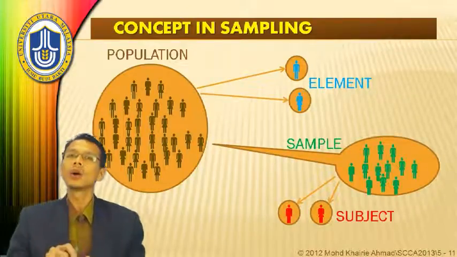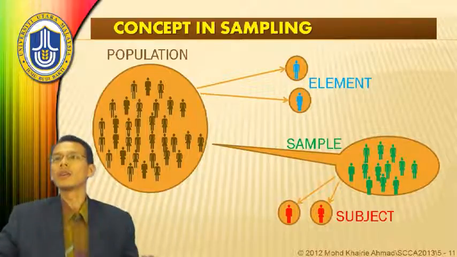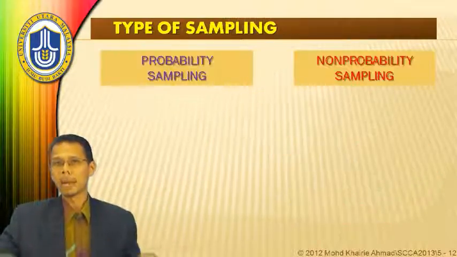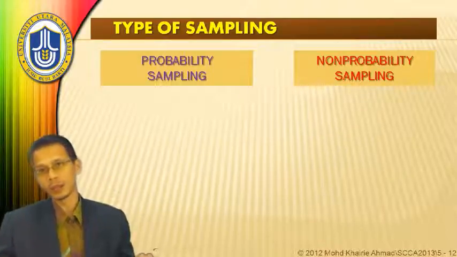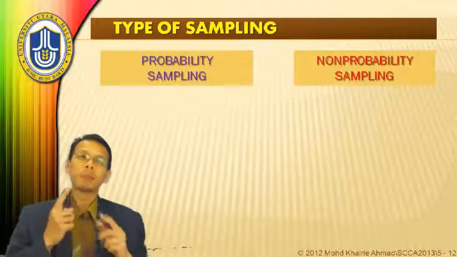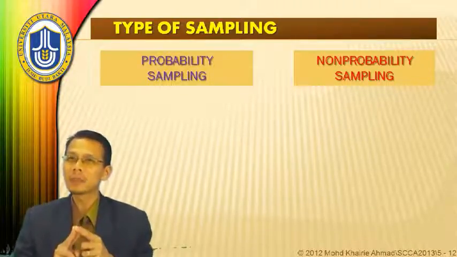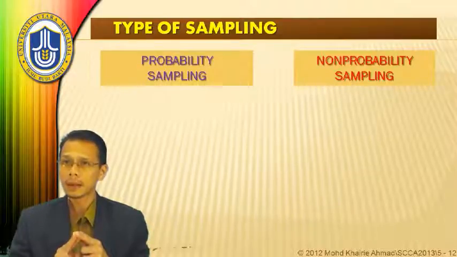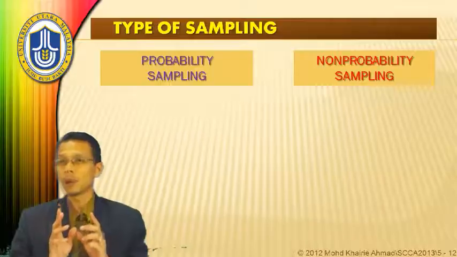The next thing we're going to explore is the types of sampling. Basically, there are two main categories of sampling. The first one is probability sampling, and the second one is non-probability sampling. What makes these two different?